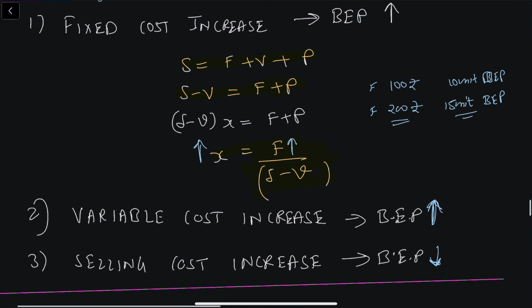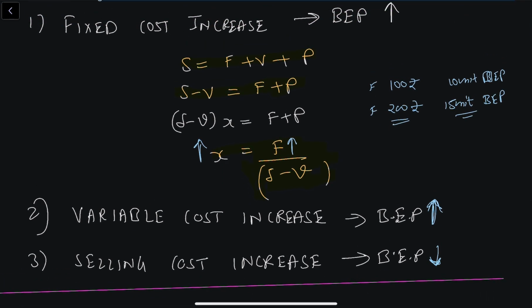Now next is variable cost increase. If you increase your variable cost, then what will happen? If this increases, the whole difference will decrease, right? Because the selling price is constant. The more you increase it, the more the difference decreases, and your BEP will increase, right?